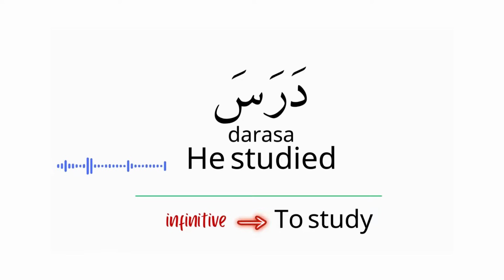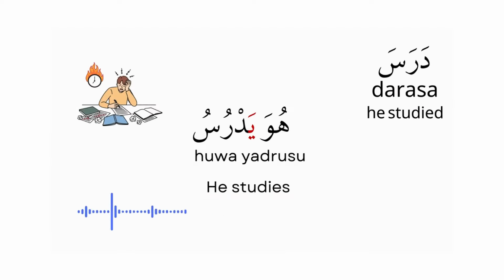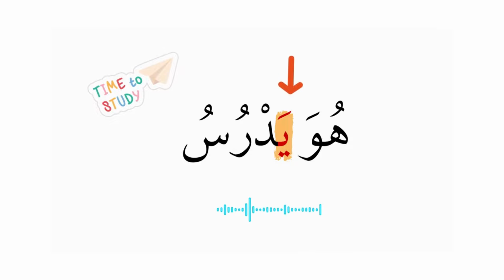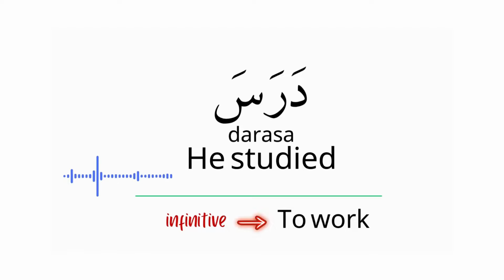He studied. And the infinitive in English is to study. Conjugating the verb درس, we are adding ya at the beginning of the verb. هو يدرس. With the su sound at the end of the verb, which means he studies.